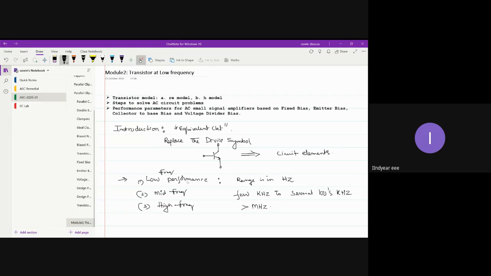Now, if a model is developed for low frequency, it can also be used for mid frequency as well as high frequency. The low frequency model can be directly used for the mid frequency range also. On the other hand, for high frequency, we slightly tweak the model which was proposed for low frequency.